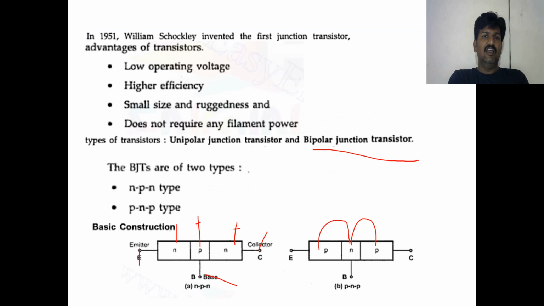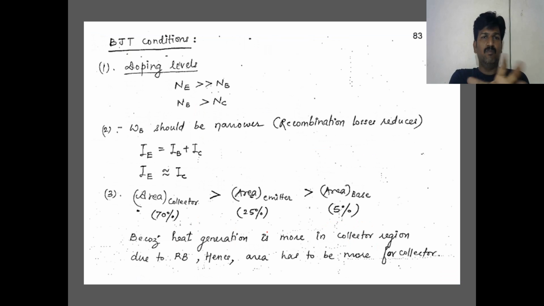In this, one more very important point to understand. Emitter always has a very high doping level. Doping level of the emitter is very high, and base doping level is small compared to the emitter doping level, and collector doping level is moderate.